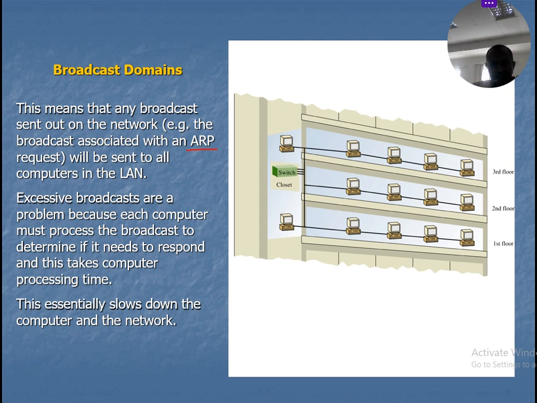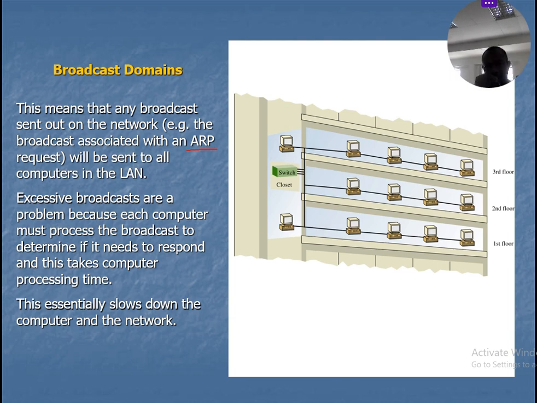So every time it receives, it has to issue an ARP to ask which computer on the receiving side has this MAC address. MAC is the media access control. Once any computer says, "Oh, okay, I'm the one," then that router will forward it to that same computer in that network. Excessive broadcast is a problem.